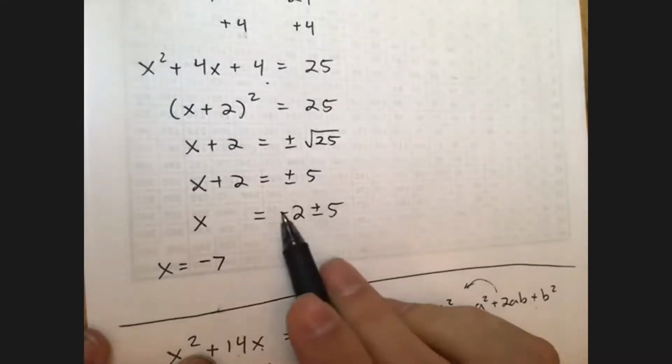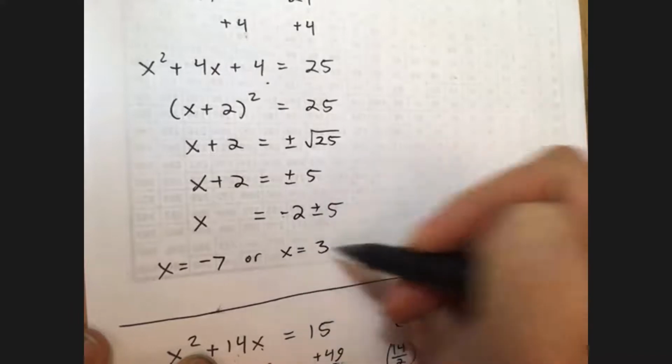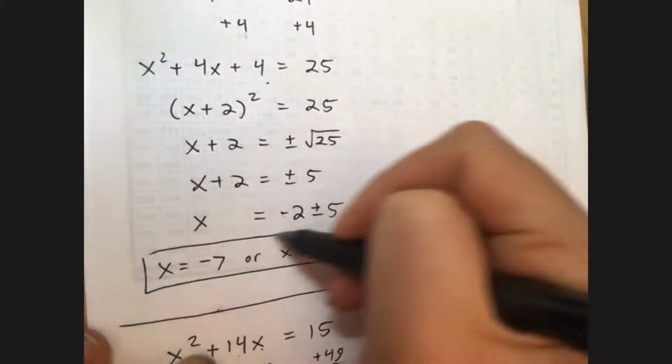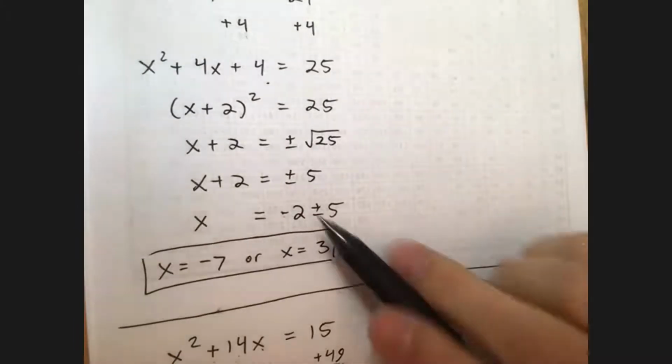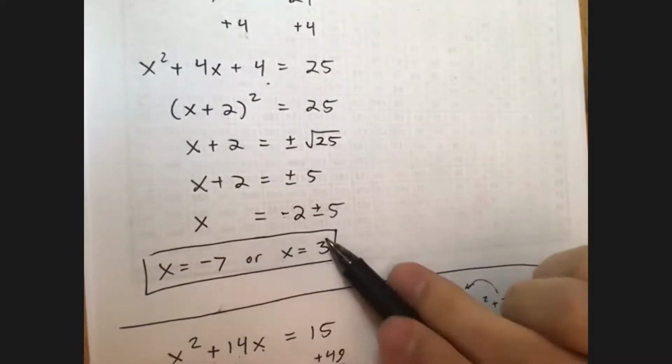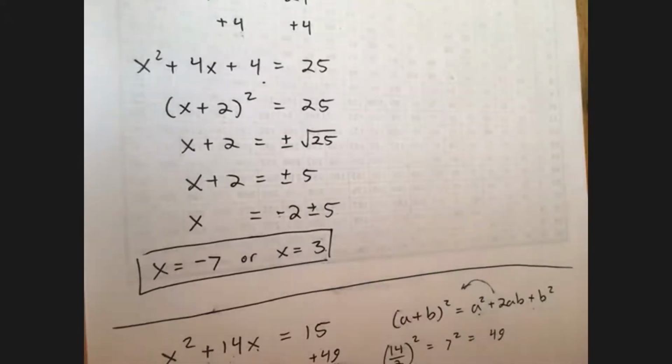Then my other answer is negative 2 plus 5, which is 3. If you can add these together nicely so that they become numbers without radicals, you should probably just do that and write it like this. I think that's the preferred way to write it.